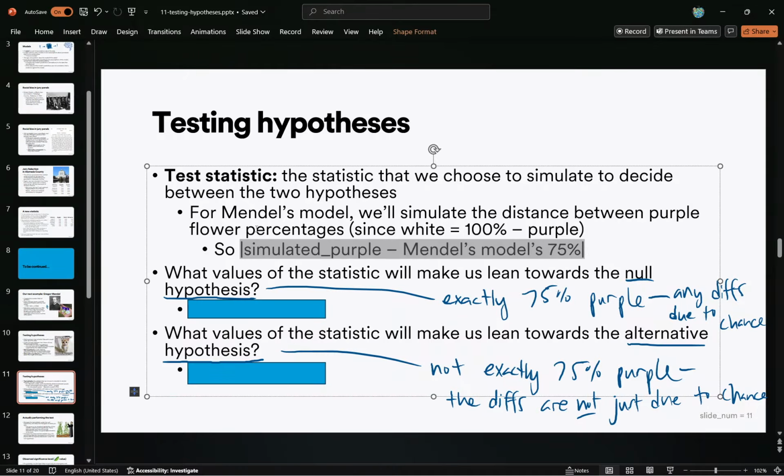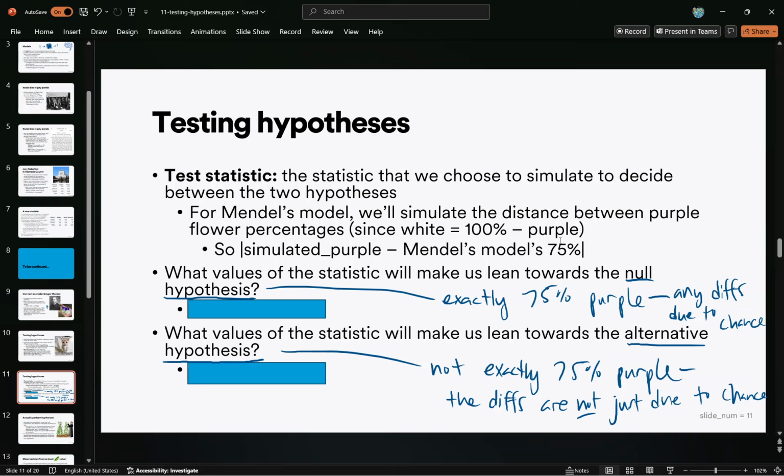So we're going to make a bunch of simulations, and we're trying to see how close it was to the 75% here. If our null hypothesis was true, and it was exactly 75% purple, I think that it's very, very likely that our simulations will also be very close to 75% purple. Does that make sense?